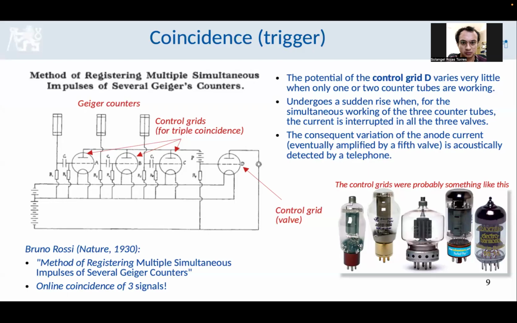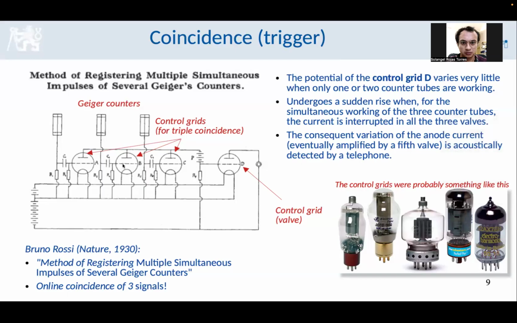I mean, how the logic of AND is done, because you have three signals from three Geiger counters, and how do you logically connect them to register a coincidence? I think here it works with the current level.